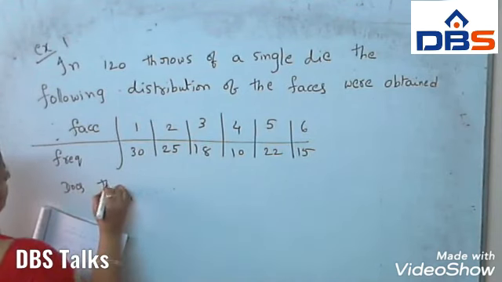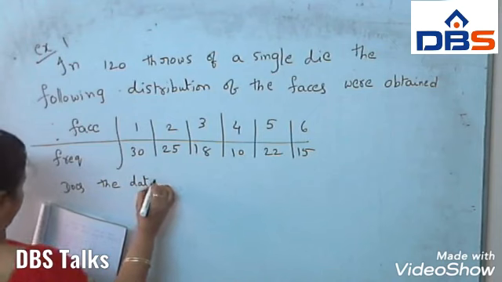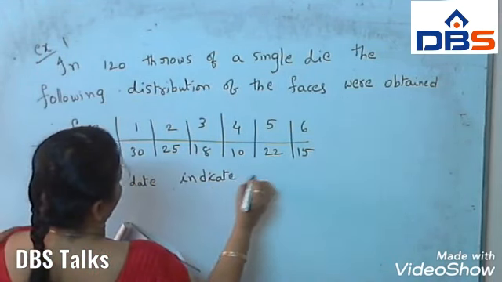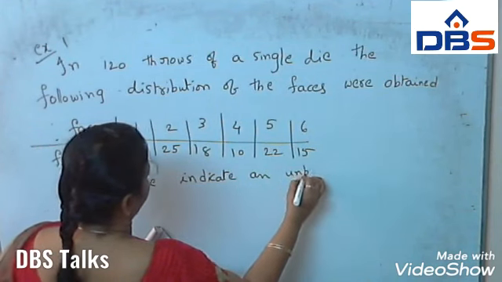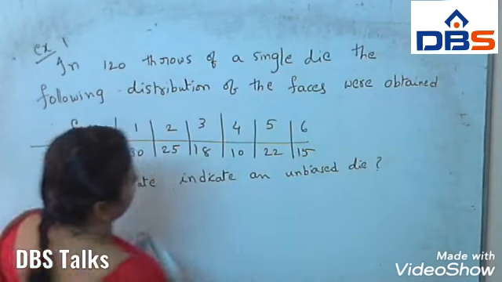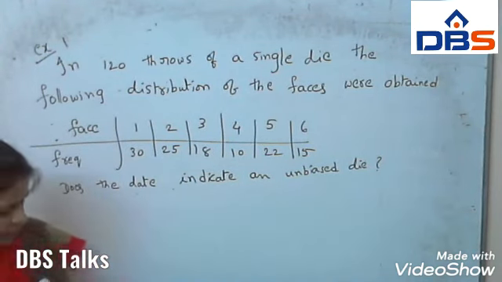Does the data indicate an unbiased die? So, this is the given question.